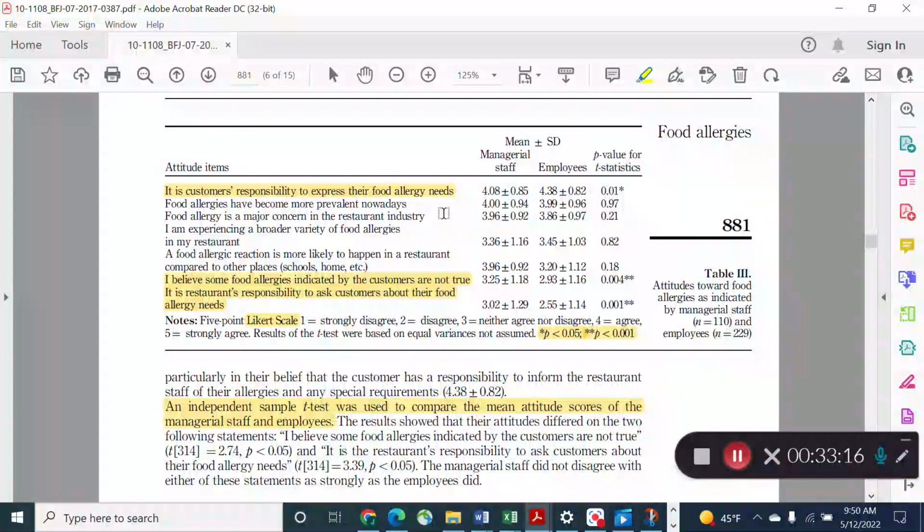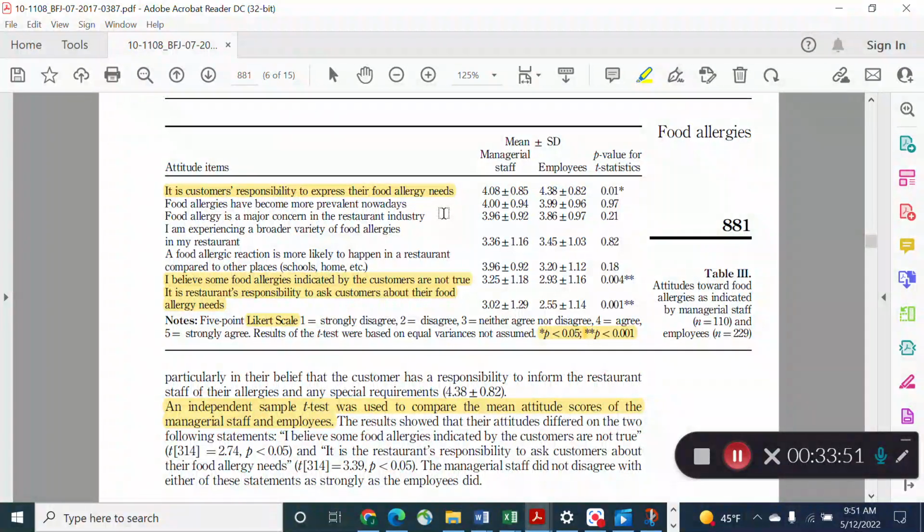So there's no difference in attitude about customers expressing their food allergy between managers versus employees. So your independent variable there was the level of your employment, so to speak, were you on the manager staff or were you considered an employee. The non-directional would just change that to there is a difference in attitude toward customers expressing their food allergy for managers versus employees. So you're just saying there is a difference without saying which group would strongly agree with that statement more.